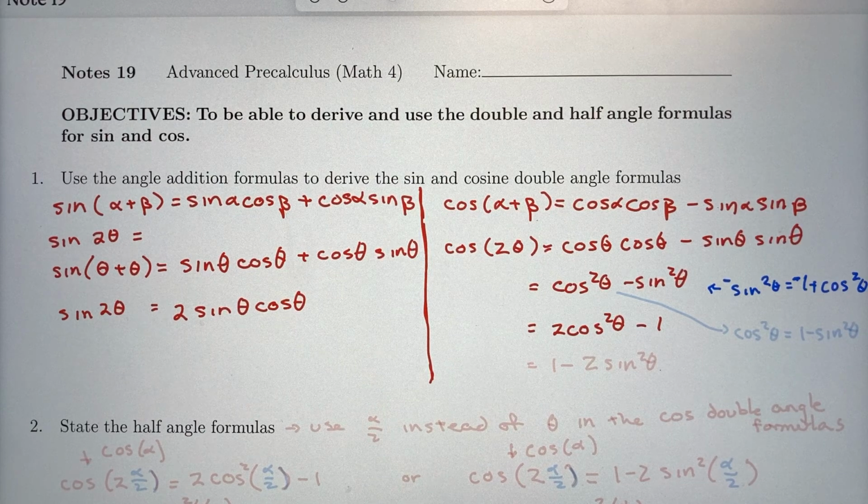And also, if I changed cosine squared instead, I could get everything in terms of sine squared.